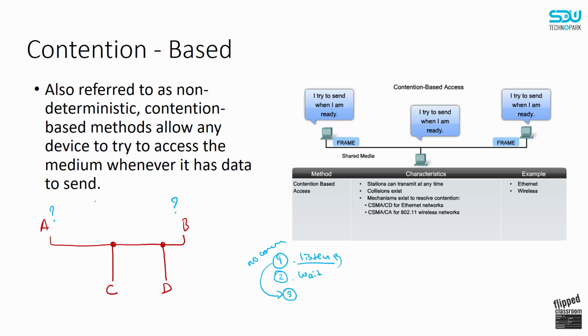Both of them listen to the media, and no one else is sending information at this time. They don't sense each other listening at the same time, and they start to send information at the same time, which goes to computer C and computer D, and their signals meet each other, and here will be boom. So this is a collision.